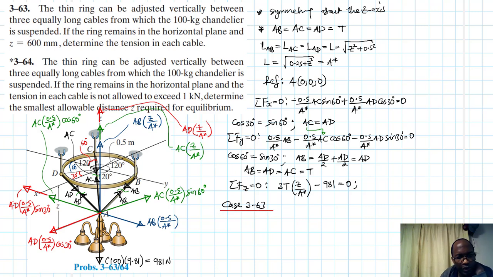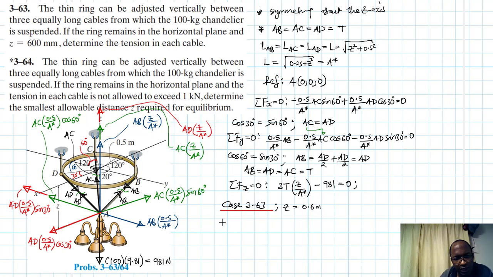Alright, so here we've been told that Z is equal to 600 millimeters, so we need to convert it to meters, which is just 0.6 meters.